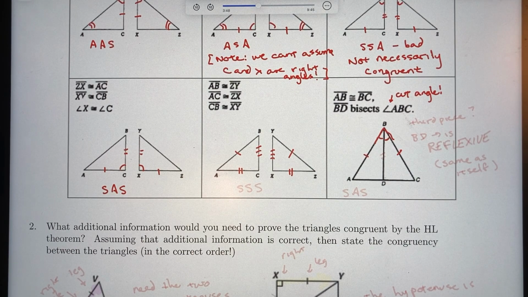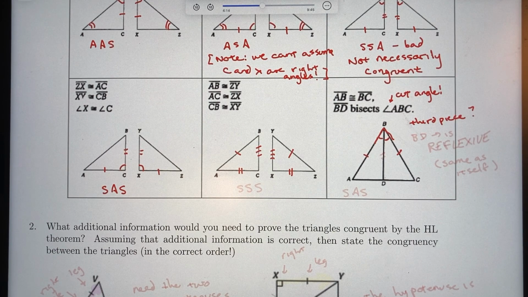What's the third? Okay, well, you've got to have three. So far, it's just AS. Where is the other side?